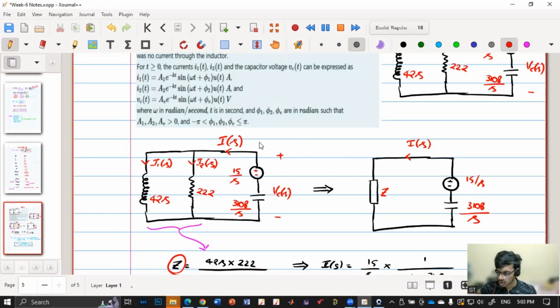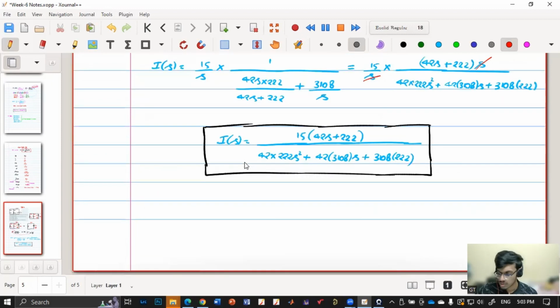Yes, current division. So I1 of S will be this impedance 222 by the summation of these two, into I of S, right? So I1 of S is equal to 222 by 42S plus 222, into I of S.